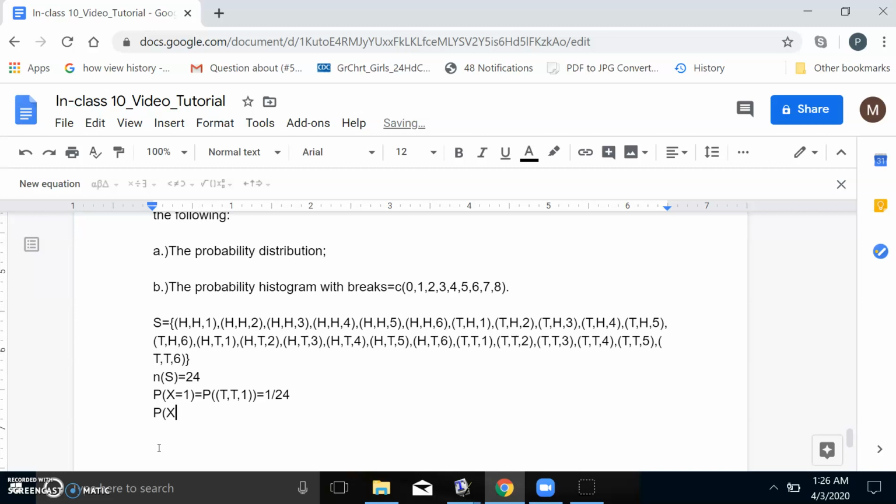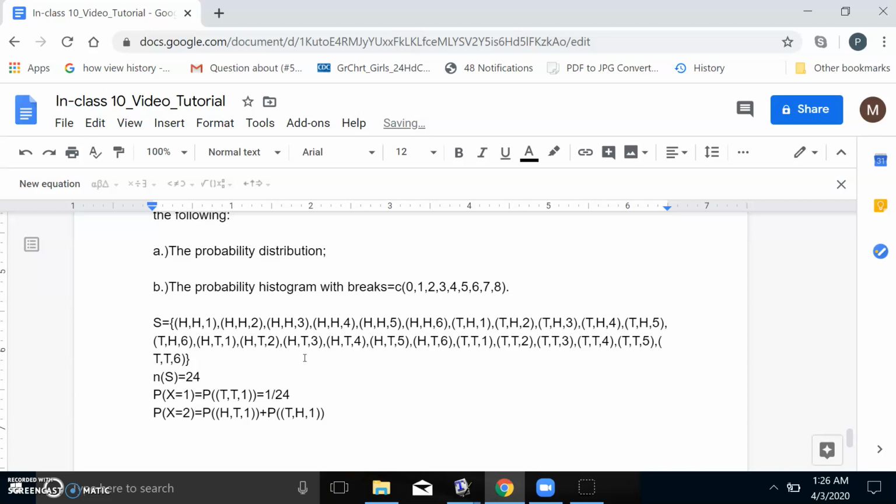Probability x is 2. To get a 2, we could get one head and a tail, so say head, tail and a 1. That would add up to 2. We could also get a tail, a head and a 1.